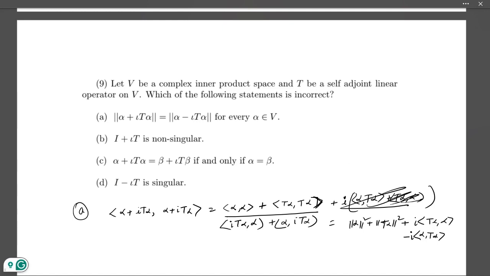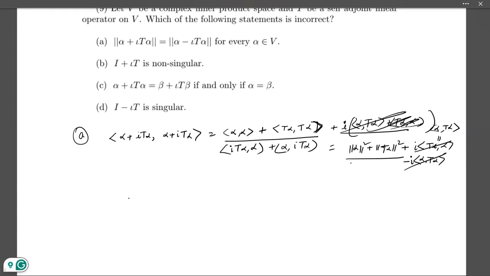Now because T is self-adjoint, right? This is same as alpha T star alpha, but T star is same as T. So these two are cancelling out. If you don't understand, let me write it clearly. T alpha alpha is same as alpha T star alpha.